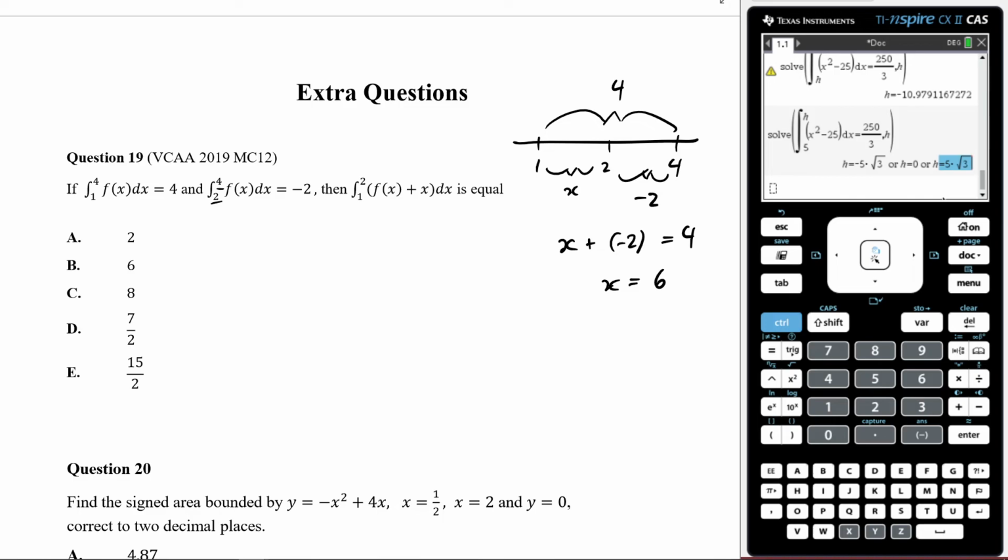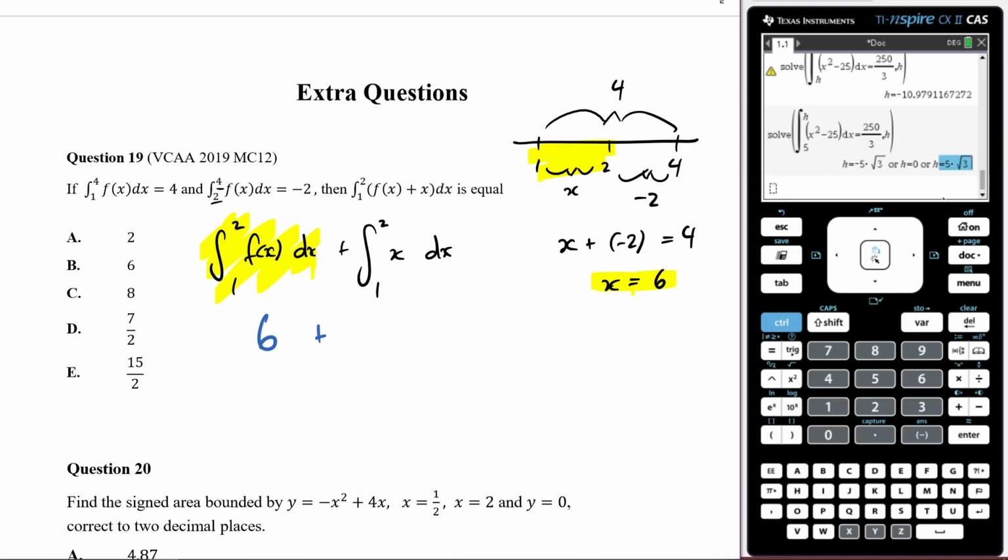All right, so if x is equal to 6, that means when I've got this right here, I've got, let's break this up, the integral from 2 to 1 of f of x dx plus the integral from 2 to 1 of x dx. All right, this right here, 2 to 1, that is that part right there. We know that is equal to 6. So I'm going to come here, I'm going to say that is 6.